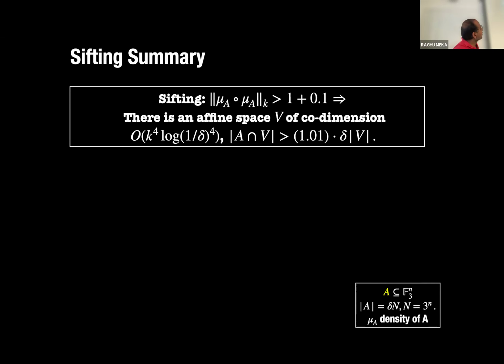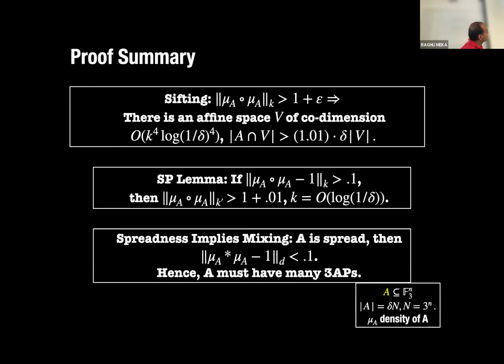Right? So let me summarize the high level picture. We ended with the sifting part, which tells you that if the difference convolution has many high probability elements, then I can find an affine subspace onto which I have density. So this involves that Swiss-Cheese algorithm combined with this analysis.